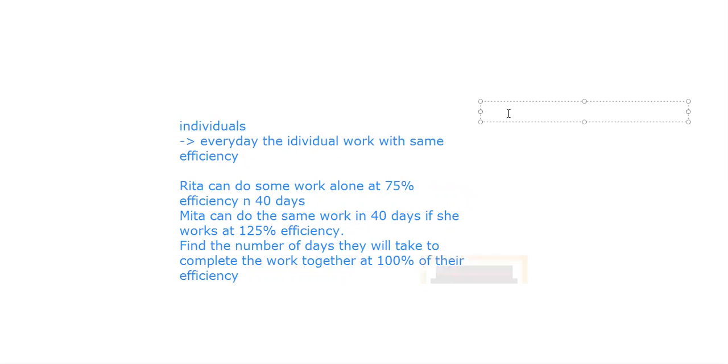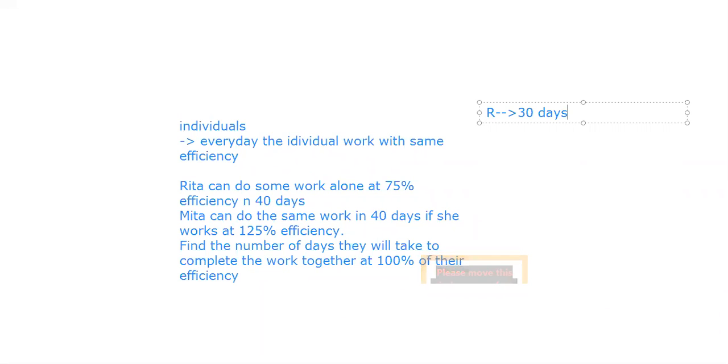So now Rita can do some percentage of work. So Rita can complete 100% of the work in 30 days or not? If she works at full efficiency, correct?